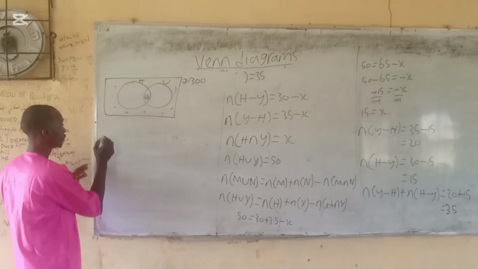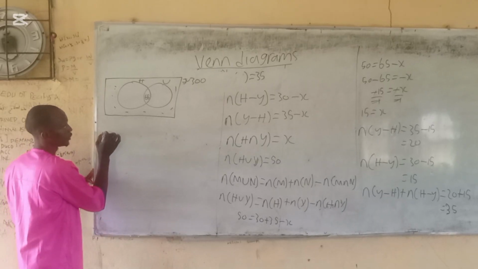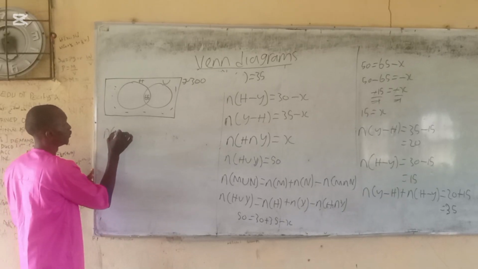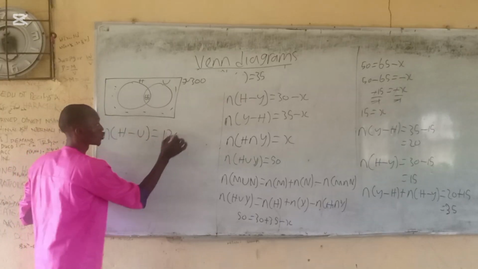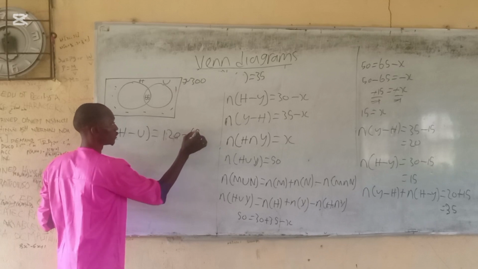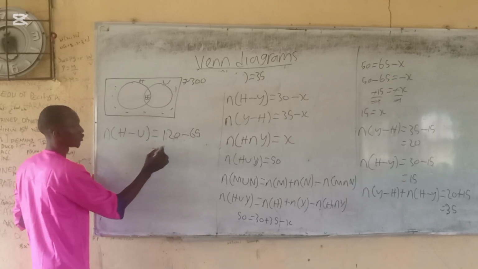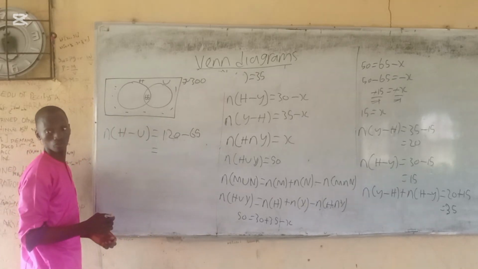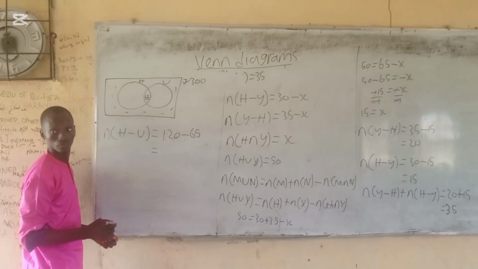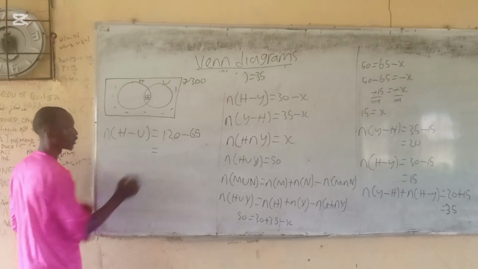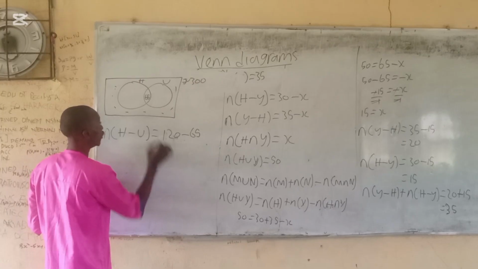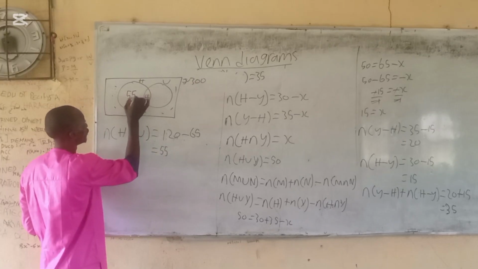Which is now the number of H minus U, because 120 minus 65 gives us 55.